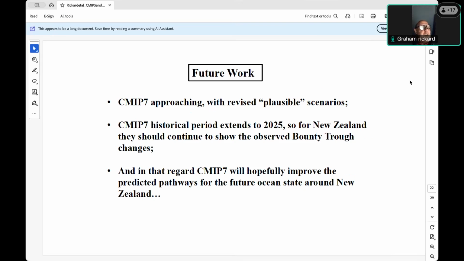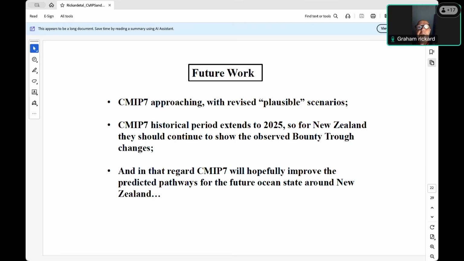So in terms of work that we would have to do, it would be an interesting look at the new models, especially as they now extend to 2025. It's not that they become reanalysis or anything, but they cover quite a bit of the change period that's actually occurring in New Zealand now.